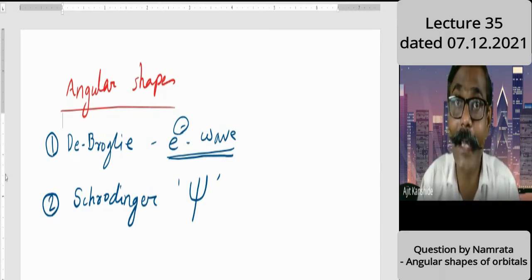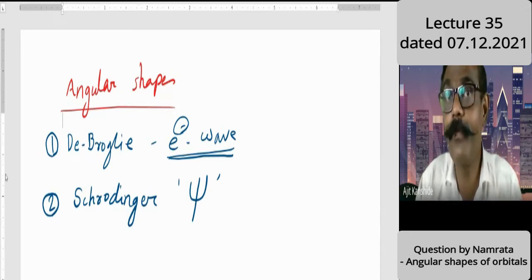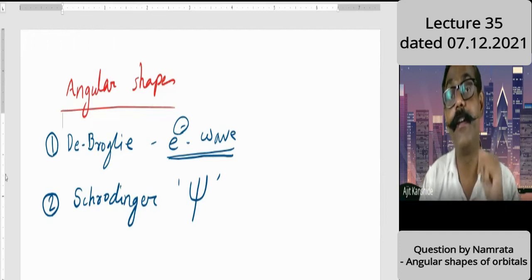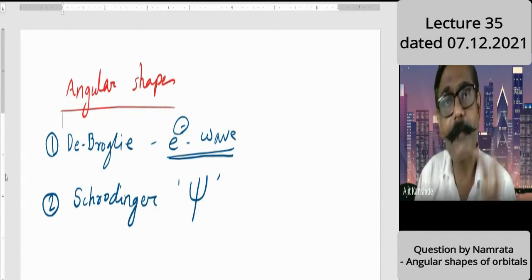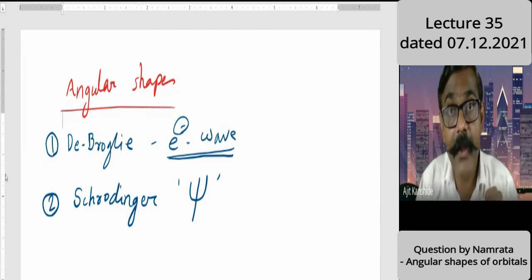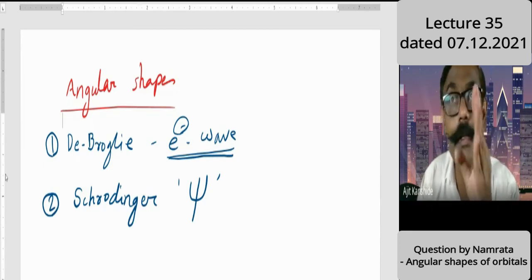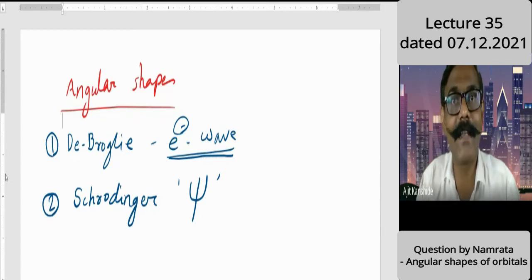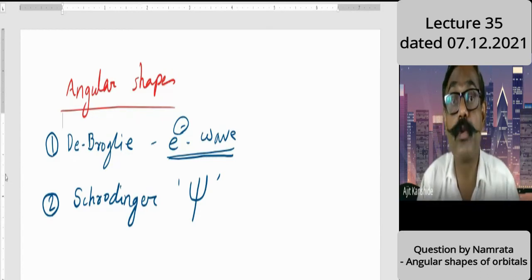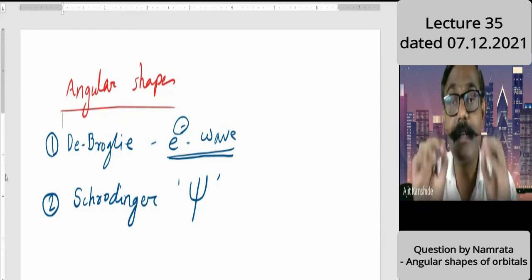Therefore, we say the wave function has no physical significance, unlike weight, height, color, the physical aspects. When we consider a wave, we can't say a particular wave is there. So we say psi has no physical significance.